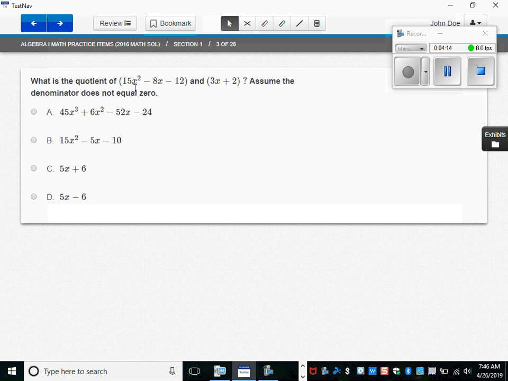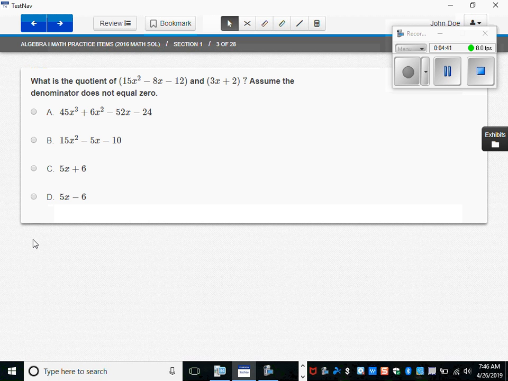So what you should do is write this on your paper, and then you should put the 3x plus 2 underneath of this expression like a division problem. Okay, so remember how you got to factor out the top, and this is already factored at the bottom, and cross out things that are alike, and whatever's left would be one of these answers here.